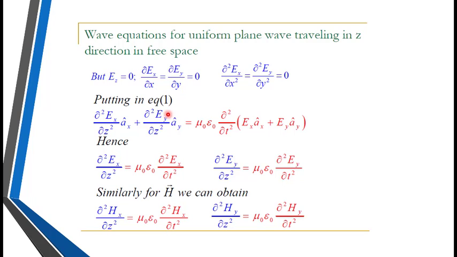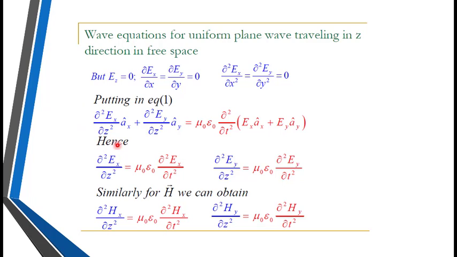So from equation 1 what we get? So there is variation with respect to z axis only. So here we have considered ∂²/∂z² of which component? Ex component. So ∂²Ex/∂z² into Ax plus ∂²Ey/∂z² into Ay is equal to μ0 ε0 into ∂²/∂t² of Ex Ax plus Ey Ay. Now we can equate left hand side and right hand side.